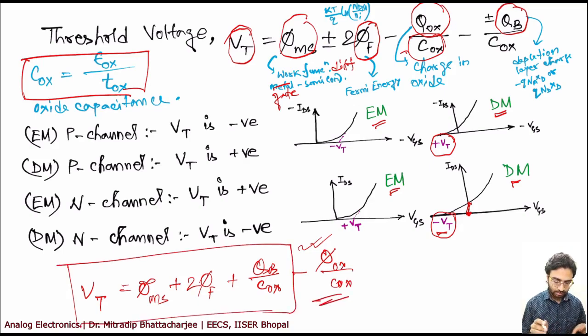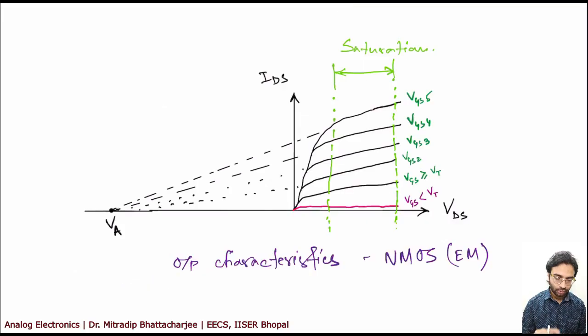They ignored this term, but this is an expression for the threshold voltage, which we will not use in this course, but it is important to know what the parameters are. This VT is a device parameter. While we are designing circuits, we have no control over VT. Whatever the value is, it is already given to us.